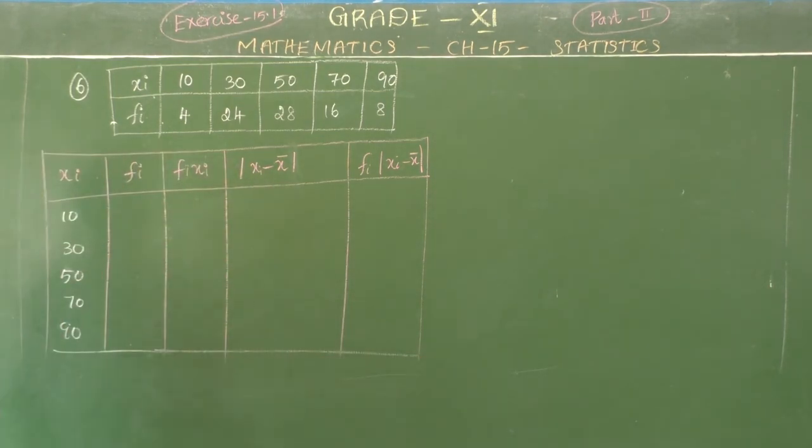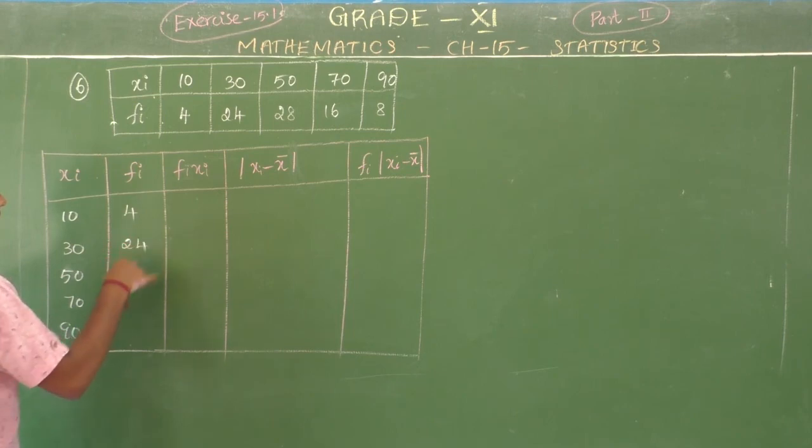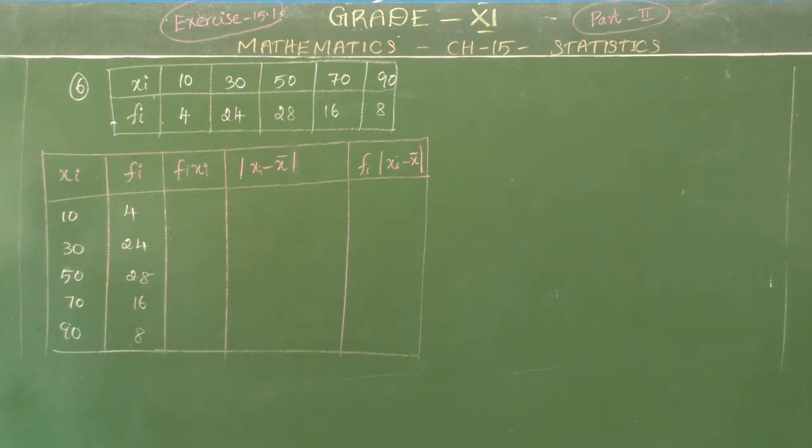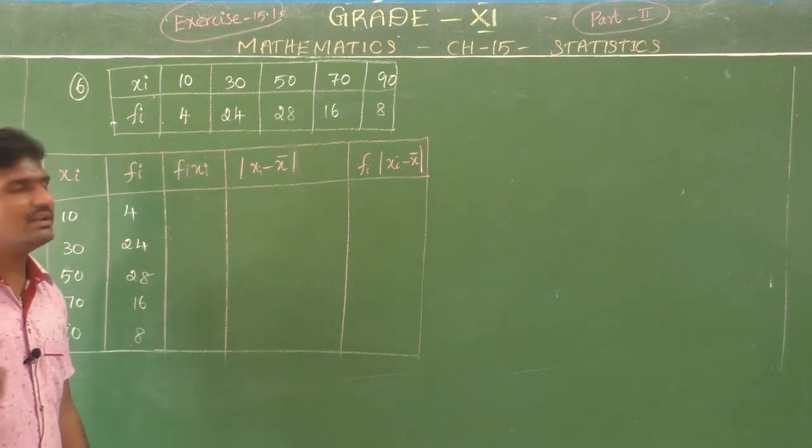Yes, students. Now what are the frequencies? 4, 24, 28, 16 and then 8. Now fi and xi, it is very simple work to multiply the numbers.